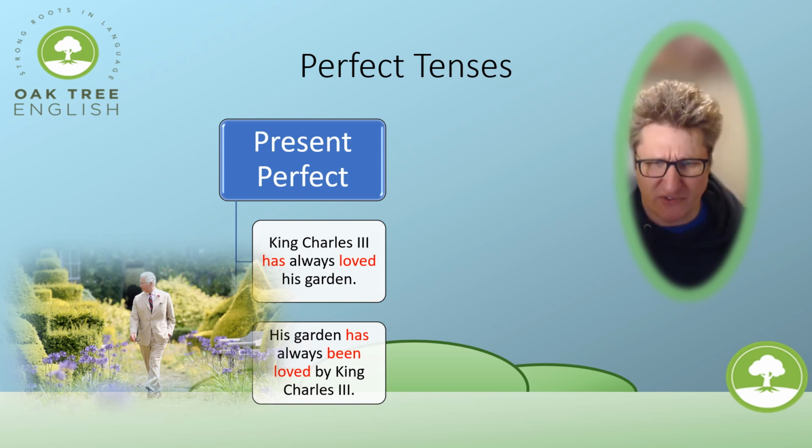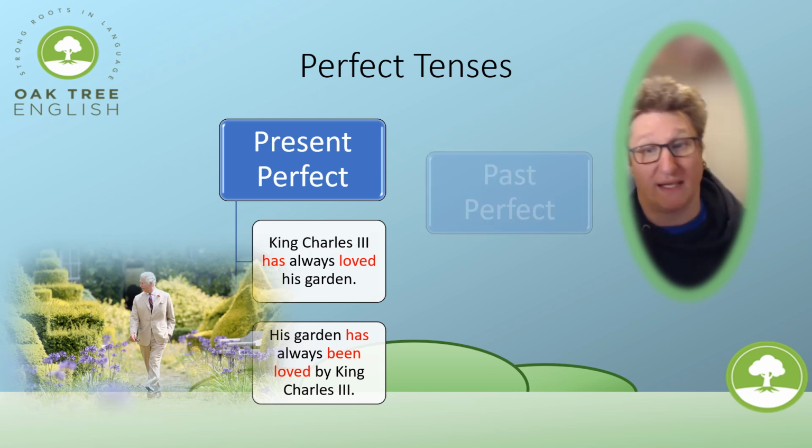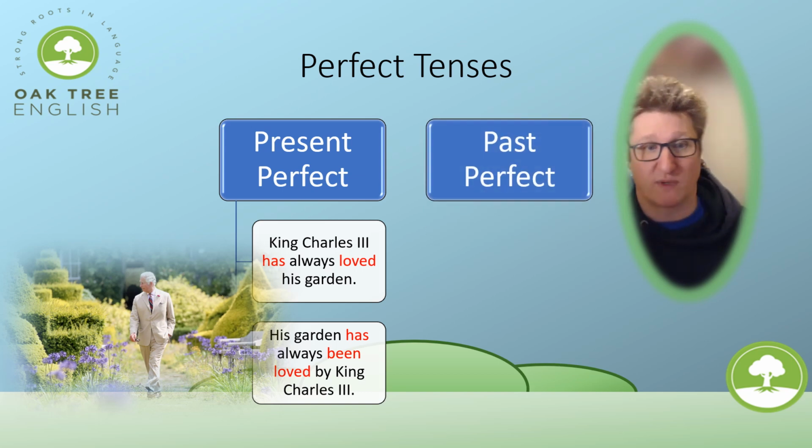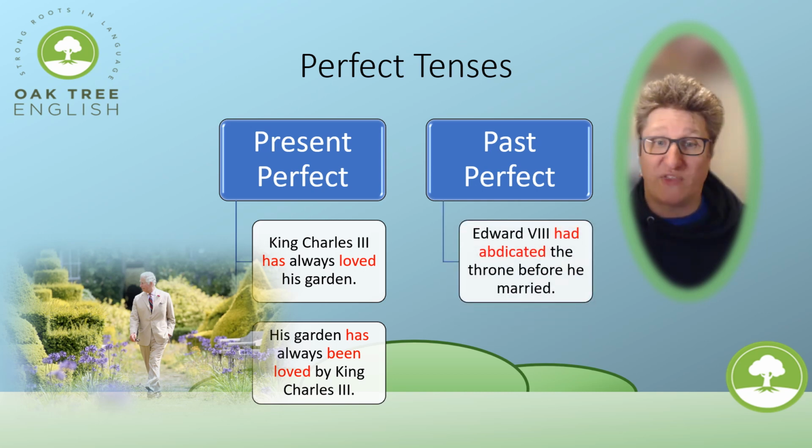What's that? You want to see how this works in the past perfect? Well, for the past perfect, we're going to have to go to King Charles III's uncle, a somewhat dishonourable chap who discarded his duty by thinking with his lower brain. An American divorcee, because that's always been good for the monarchy. Edward VIII had abdicated the throne before he married.